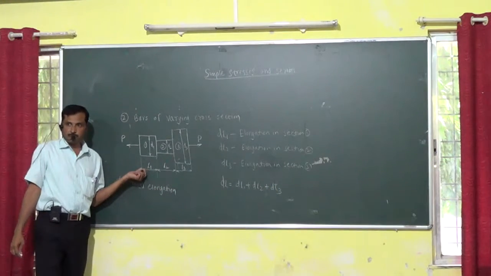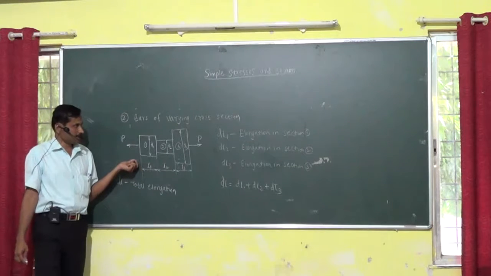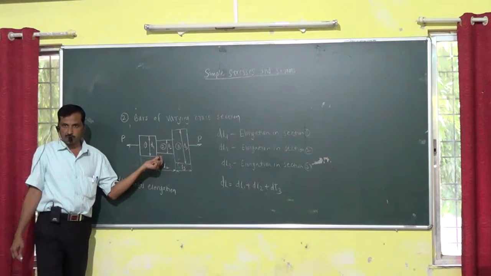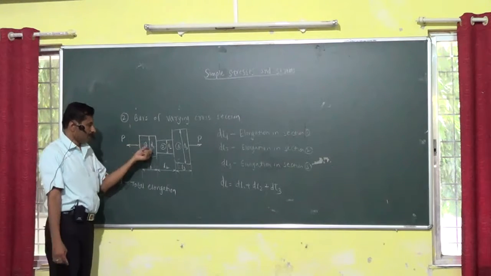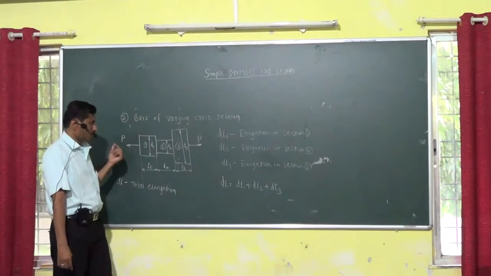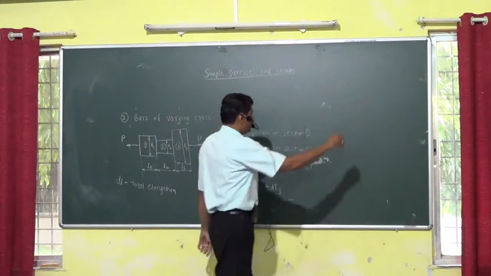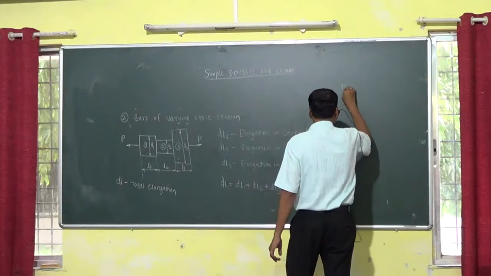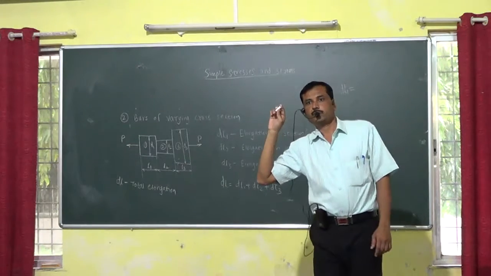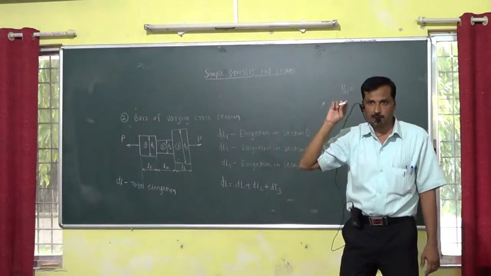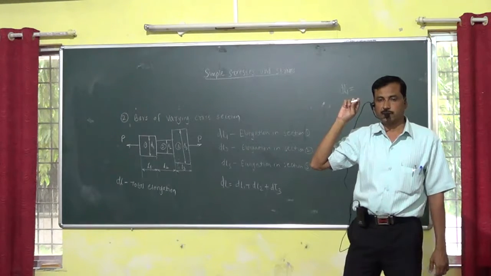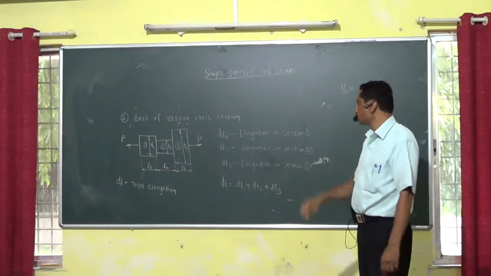Now DL1 is the elongation in section 1, DL2 in section 2, and DL3 in section 3. So how could we identify the value of DL1? As usual, DL1 will depend upon the applied force P, length L1, cross sectional area A1 and Young's modulus E1.